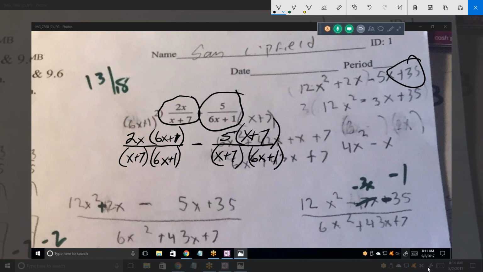So, boy, all you got to do is fix this one mistake and it's going to allow you to get all these problems correct. But if you keep making it, you're going to miss every single one of them. You cannot make that mistake. So the key is when you subtract two fractions like this, use parentheses. In other words, once you convert that to a 5x plus 35, put it in parentheses.